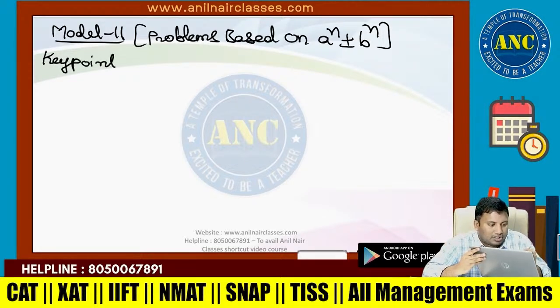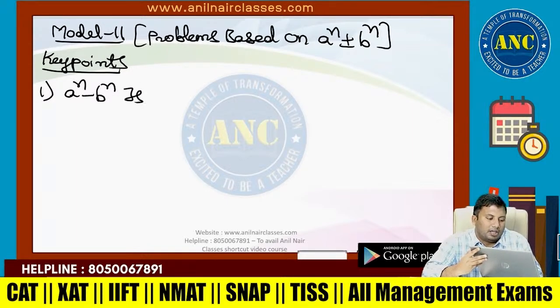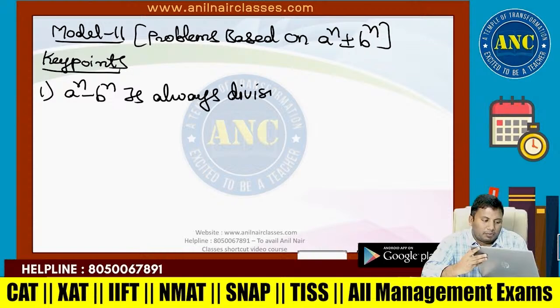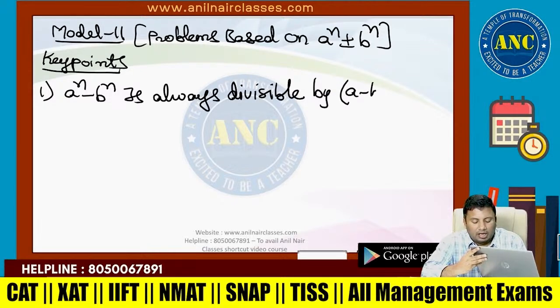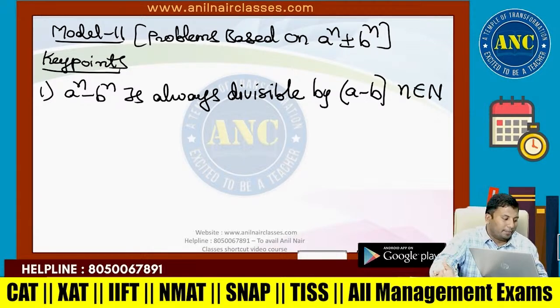Key points. First one. a^n minus b^n is always divisible by a minus b if n is a natural number.